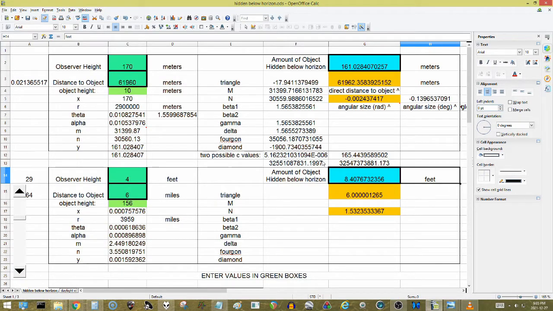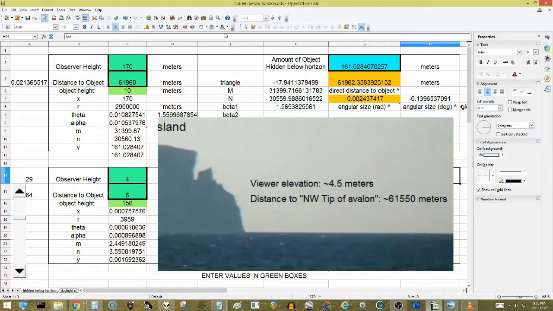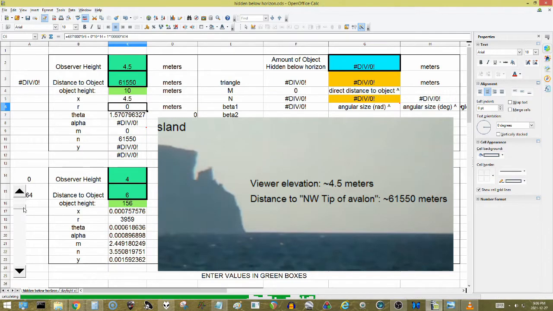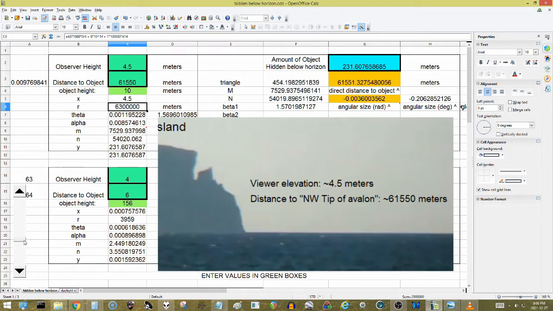Okay, we're using the low elevation observation, the obstruction observation, and we need to take only the values that predict full obstruction, which is what we saw. So we plug in an elevation of 4.5 meters and a distance of 61,550 meters, and then we find all consistent radius values. The radius cell here is attached to this slider. We start from 0 meters.